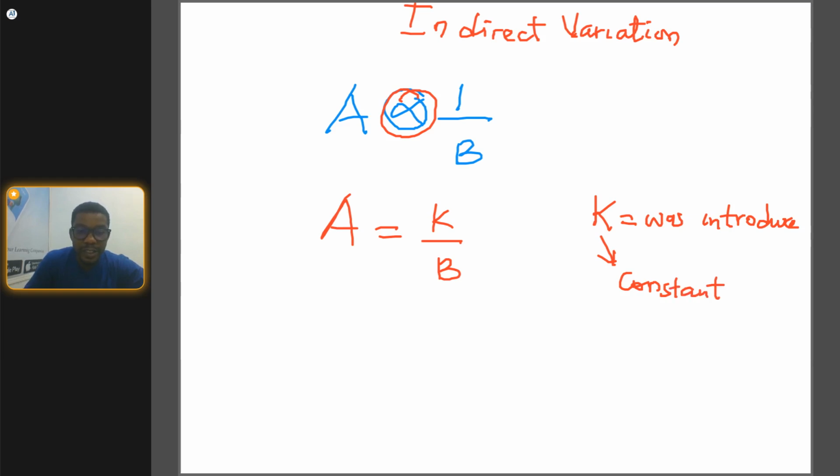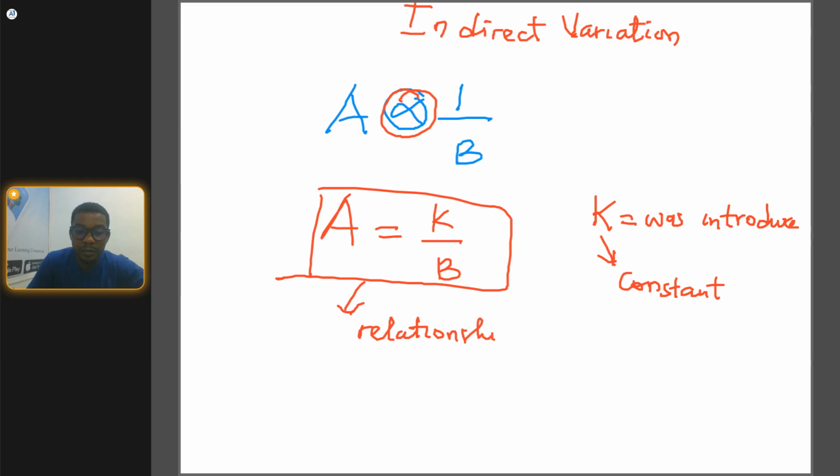So this expression is called the relationship between A and B. It is called the law between A and B, or the law connecting A and B. It is also called the word equation, the equation connecting A and B. So take notes.